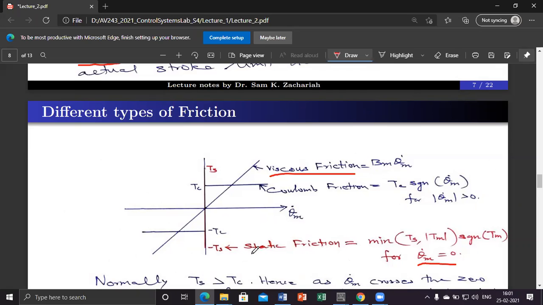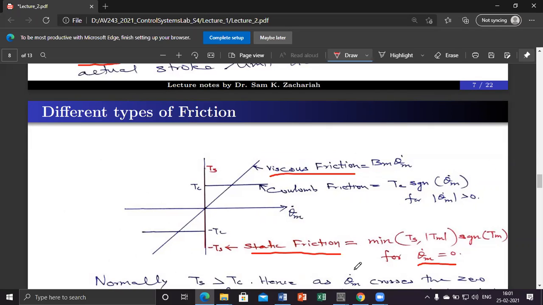Its value is called static friction or stiction, which is equal to the minimum of Ts and the magnitude of Tm, multiplied by the signum function of Tm. I will explain this. Say, for example, you are pulling your table, which is on a floor having friction.